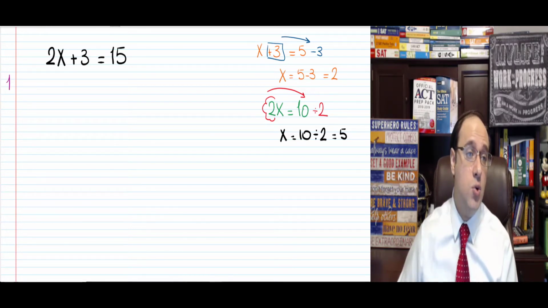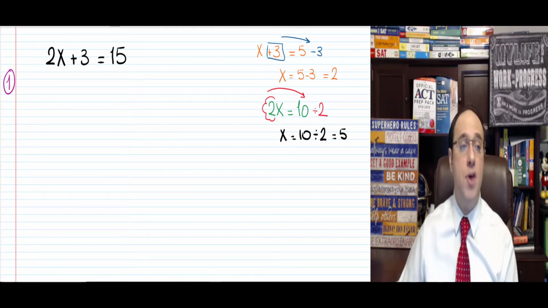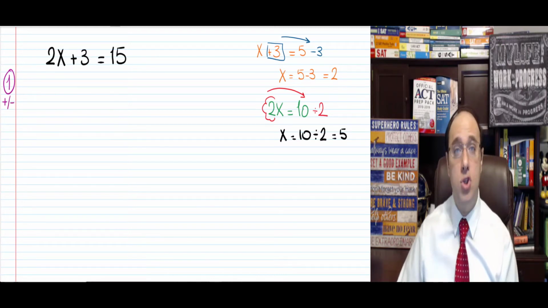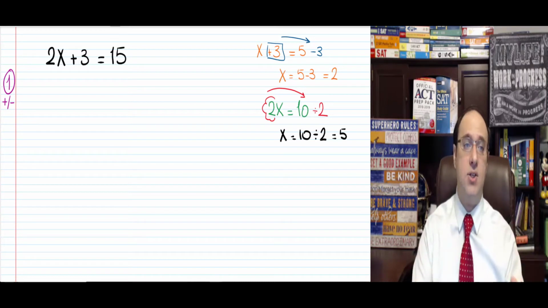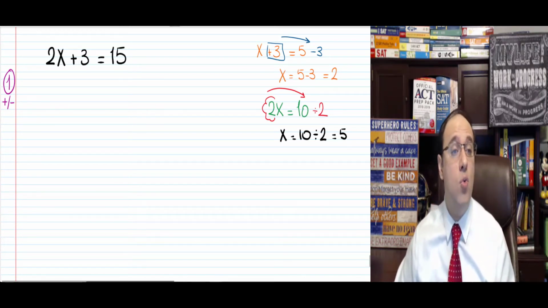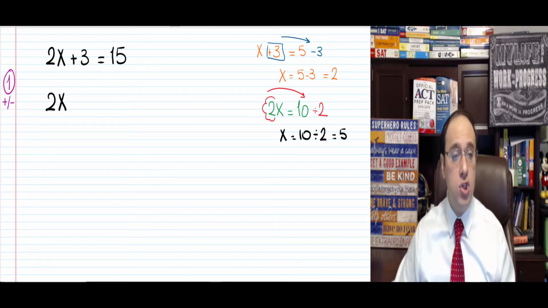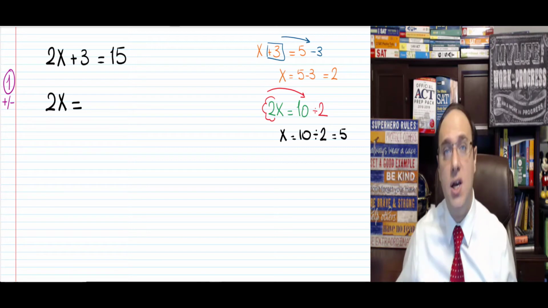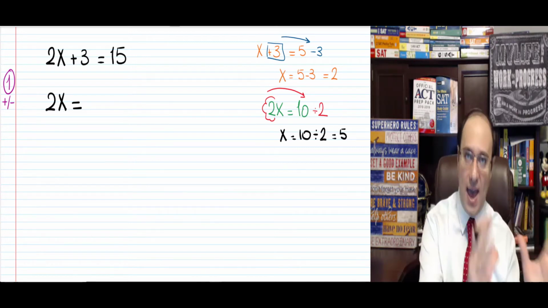First step, you need to get rid of the pluses or minuses. So 2x means 2 times x. So we just leave 2x as it is, meaning we want to find out what 2x by itself equals. We want to get rid of anything that is plus or minus the x.